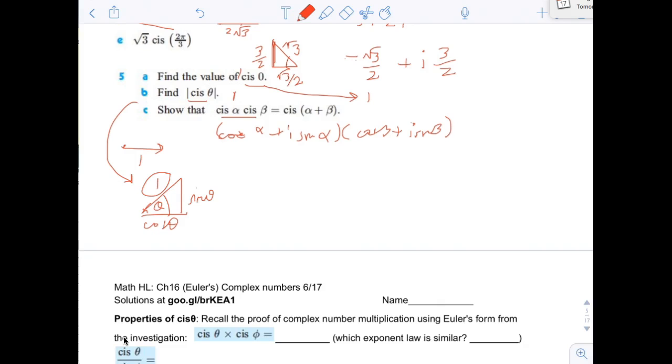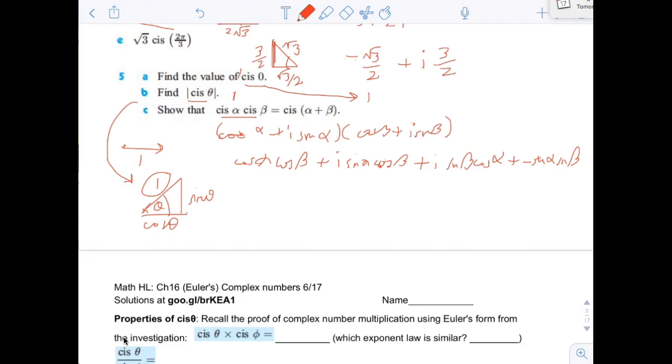And we do FOIL on this, we're going to end up with cosine alpha cosine beta. And then for the inner product, we have i sine alpha cosine beta. And then we also have i sine beta cosine alpha. And then we have i times i, which is -1, so we end up with negative sine alpha sine beta.